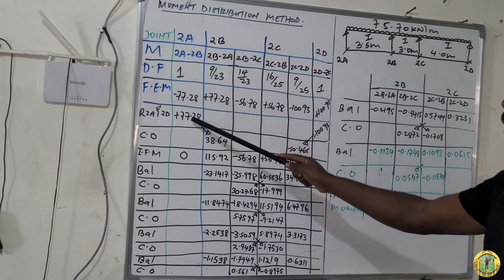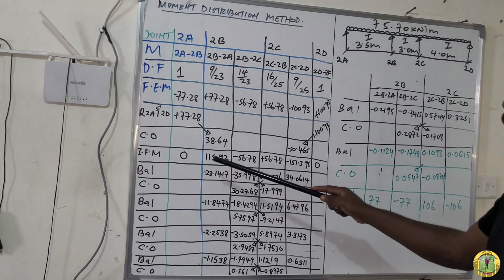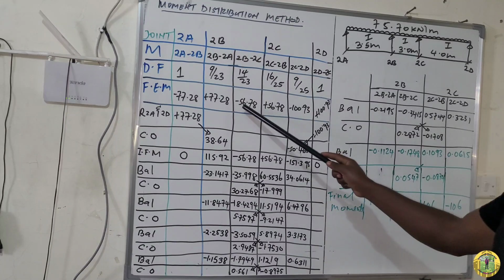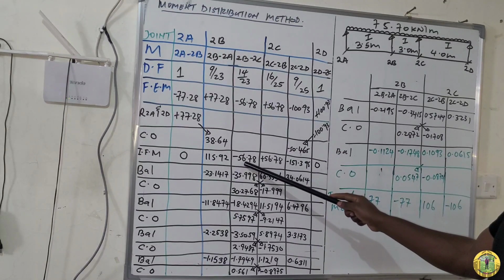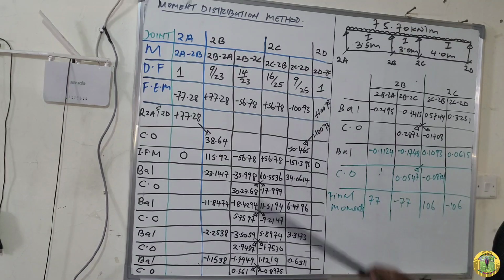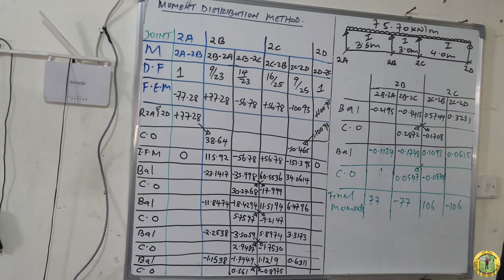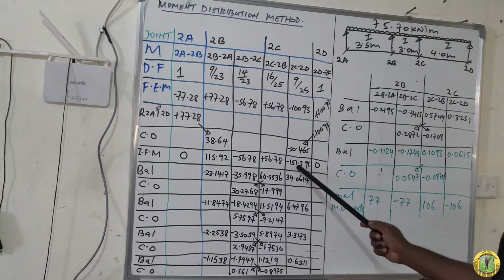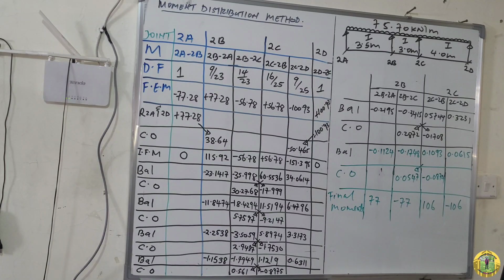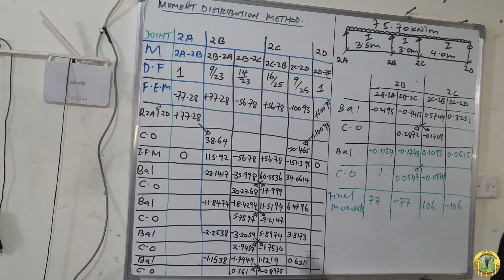So this one plus this one is 0. This one plus this one, you get 115.92. Negative 56 will come here the way it is. This one will come here the way it is. Negative 100.93 plus minus 50.465, you will get negative 151.395, and then positive 100.93 plus minus 100.93, you will get 0.